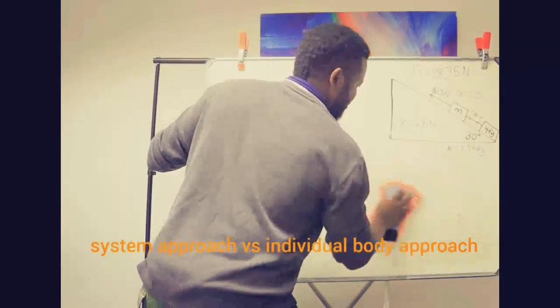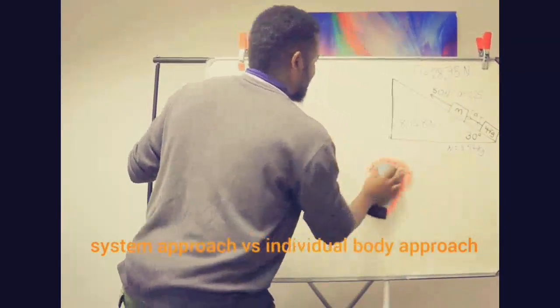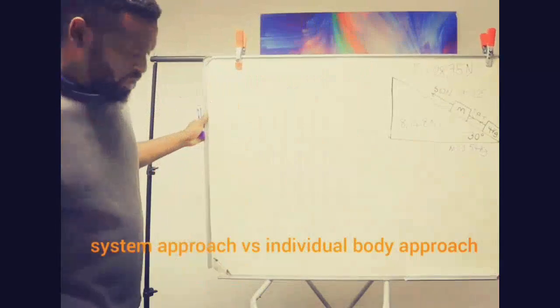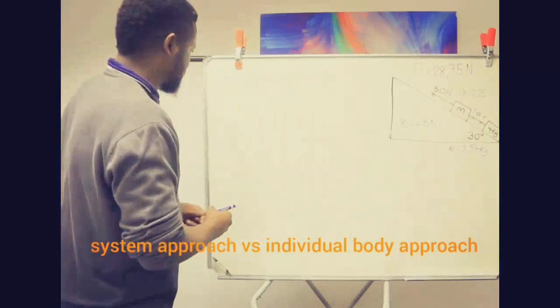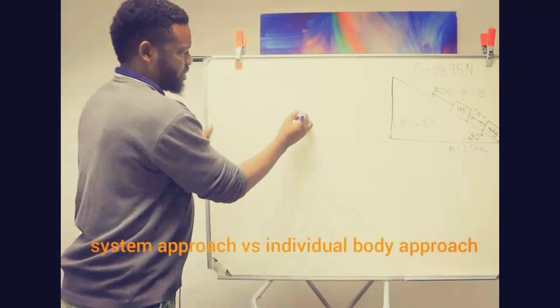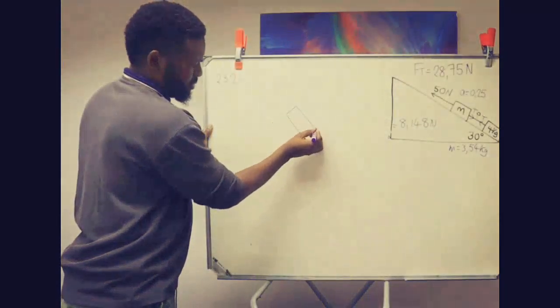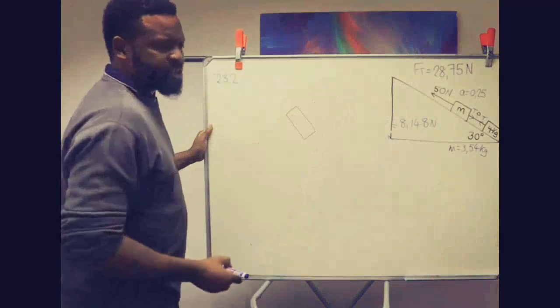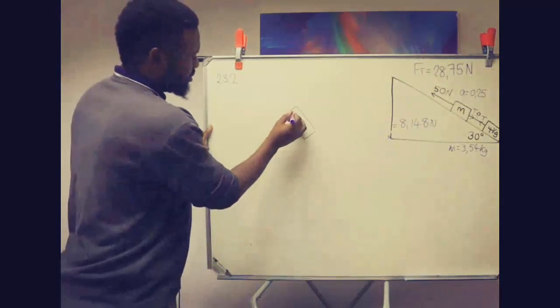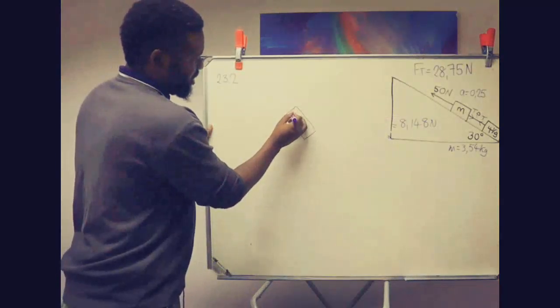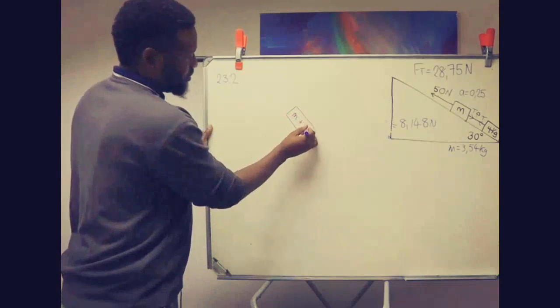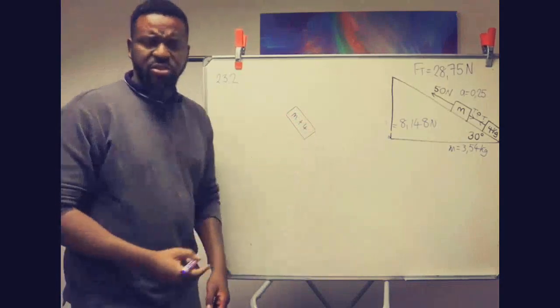What are the forces pulling the system up the incline? What are the forces opposing the system? Okay, so there is my system. Combined mass of the system is going to be M plus 4 in terms of the kgs, correct?